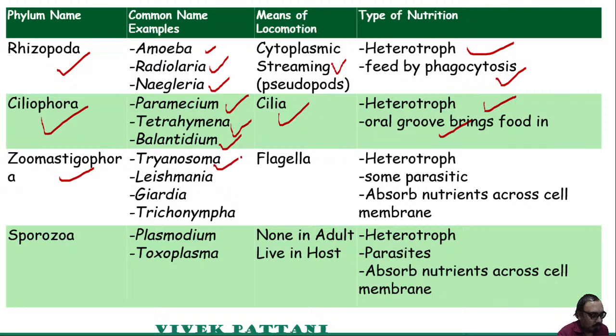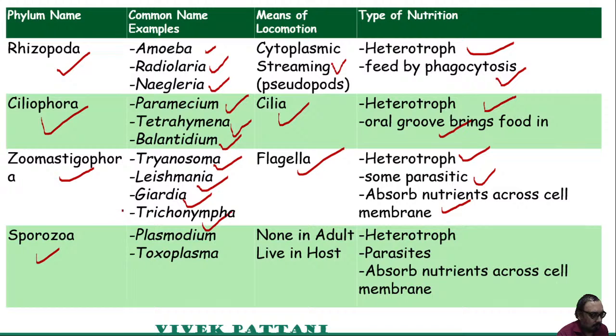The common examples are Trypanosoma, Leishmania, Giardia, and Trichomonas, and their means of locomotion is by flagella. The type of nutrition is heterotrophy. Some are parasitic, and some also absorb nutrients across the cell membranes.